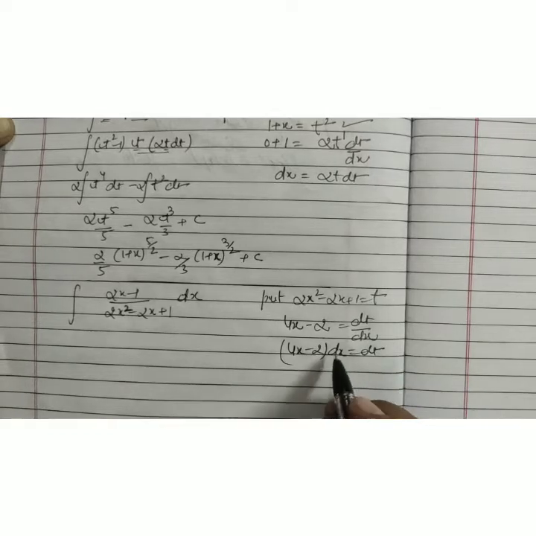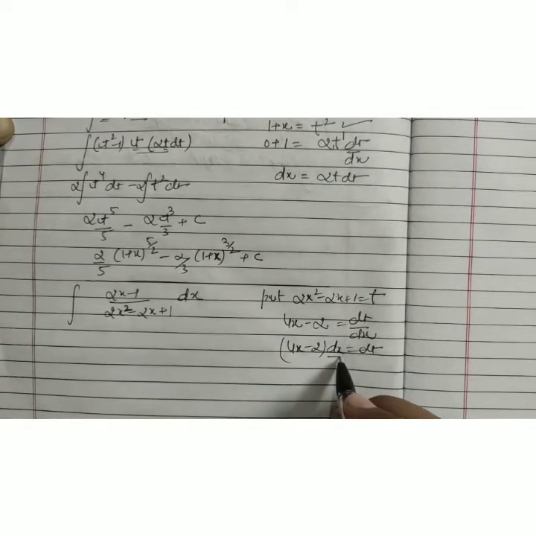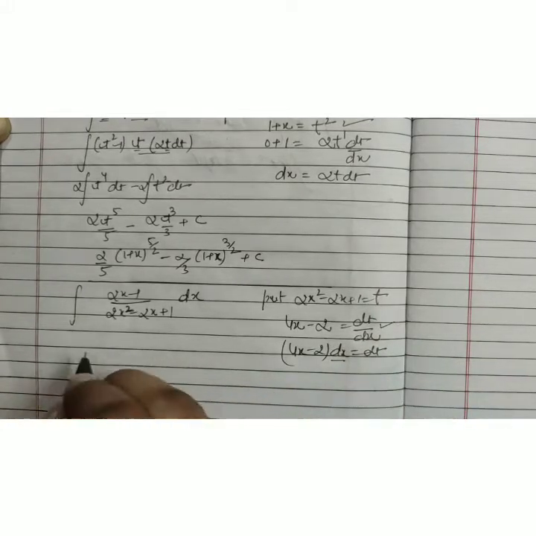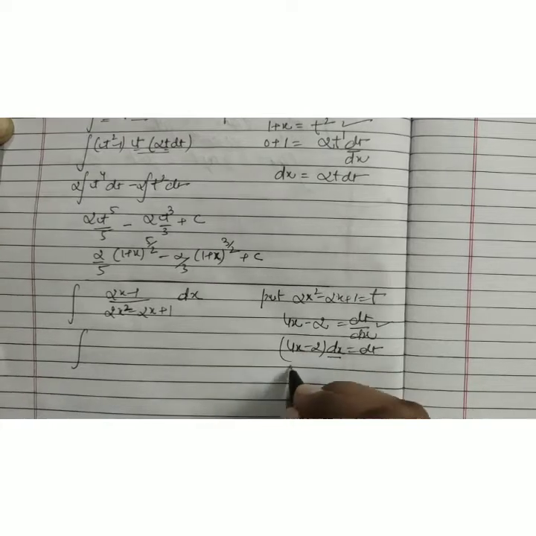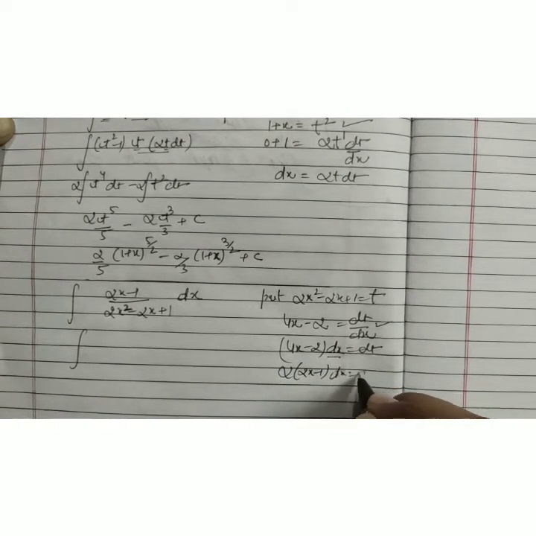It means whenever we take the derivative, then we take the derivative variable with it. Don't skip this step. If we replace here, 2 is common, we get inside 2x minus 1 dx is equal to dt.